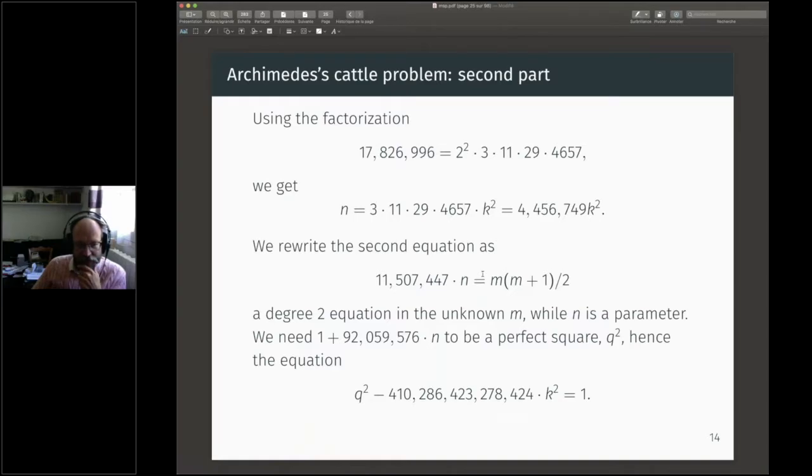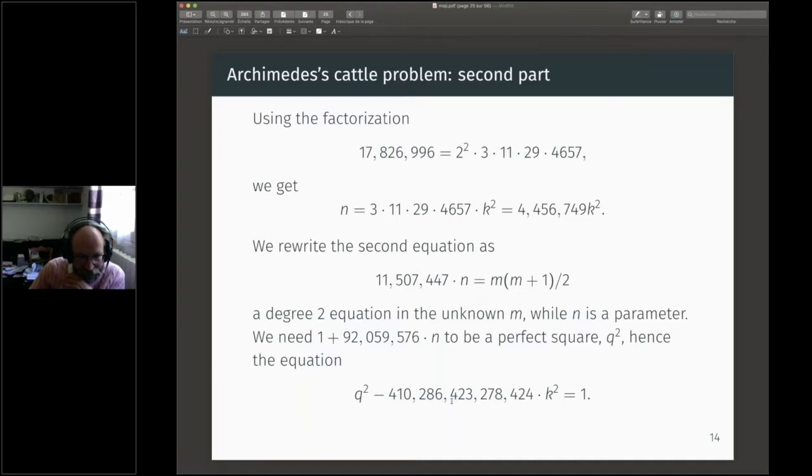And you need the discriminant, which will be 1 plus 82 million, etc., times n, to be a perfect square. And I say q squared. And so now I need to solve this equation, which is the 2 of the title. There are 2 unknowns and degree 2, which is a particular equation of degree 2, q squared minus blah blah blah, something I can't read.